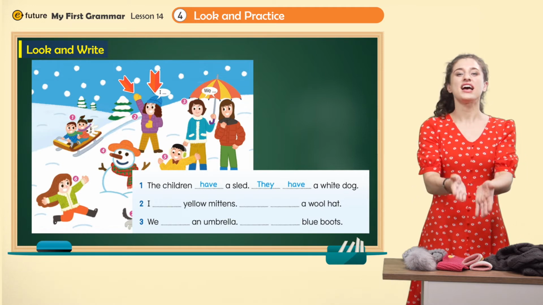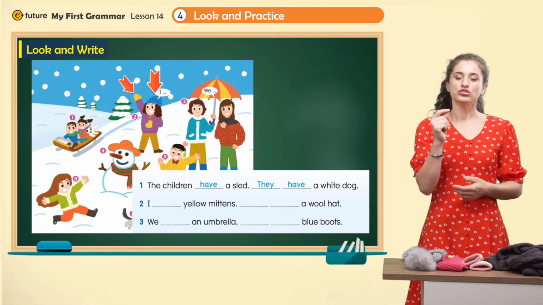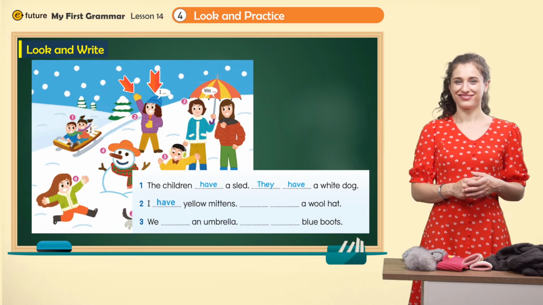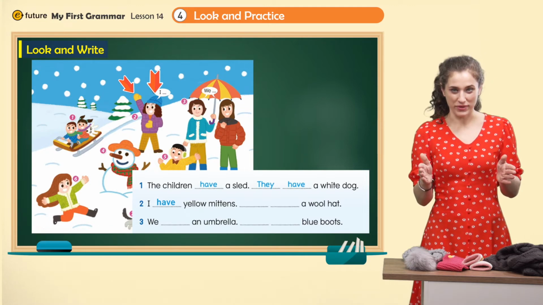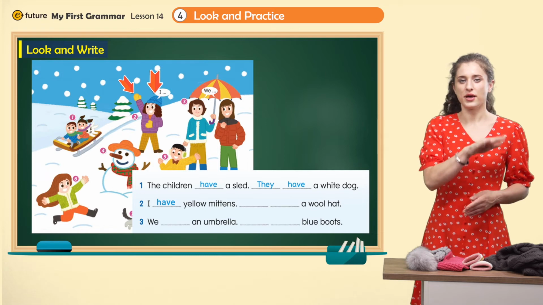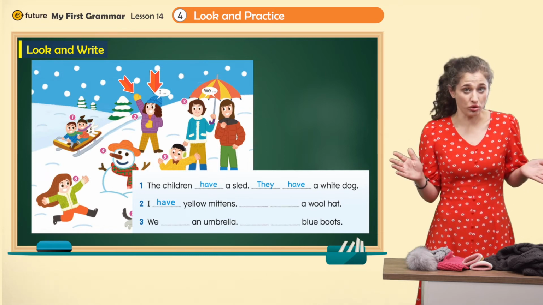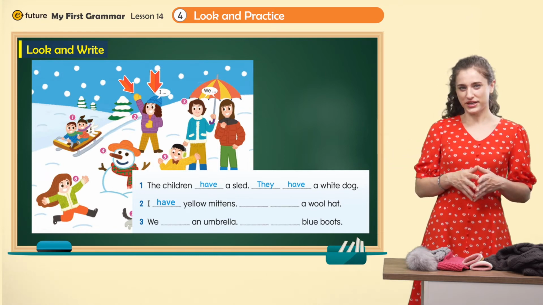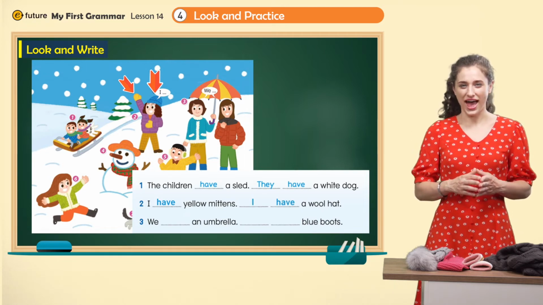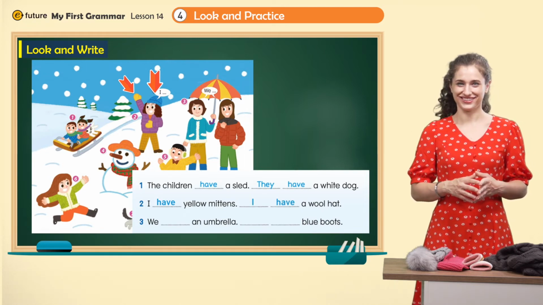Have, yes. I have. So write have in the blank. I have yellow mittens. Okay? Now there are 2 blanks. Blank, blank, a wool hat. Remember this picture? I have a wool hat. Excellent.